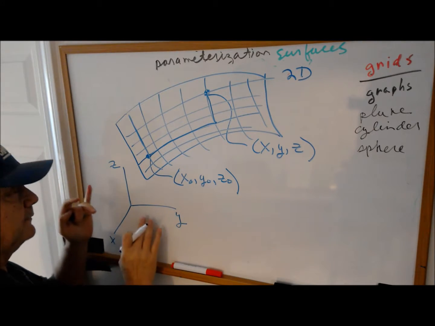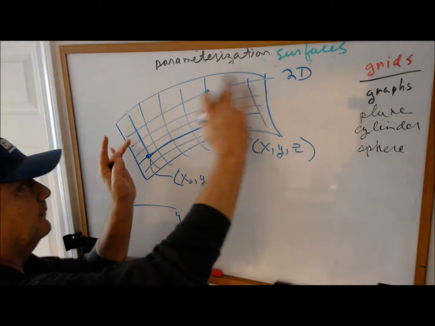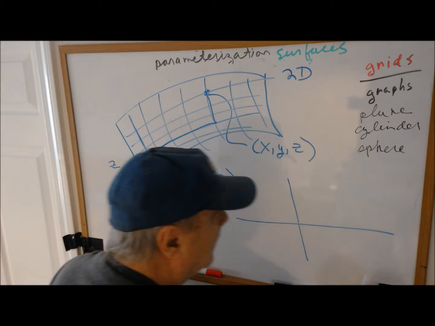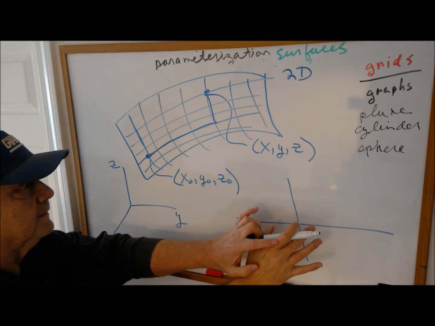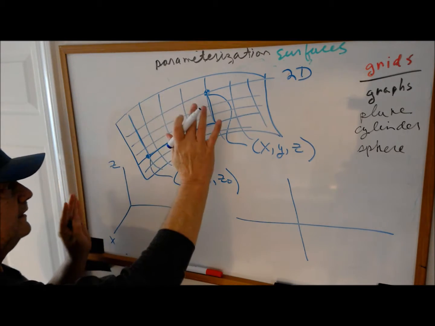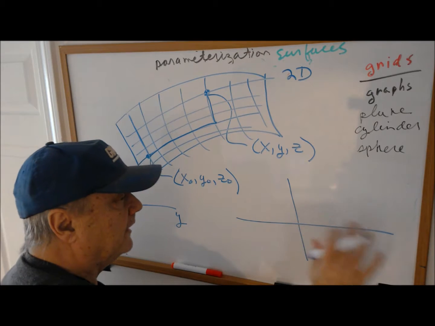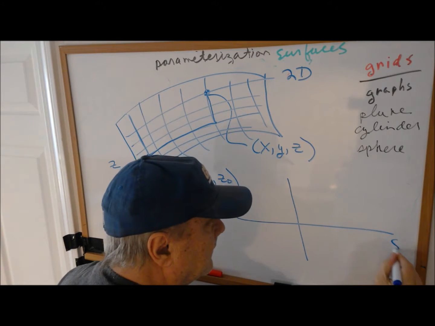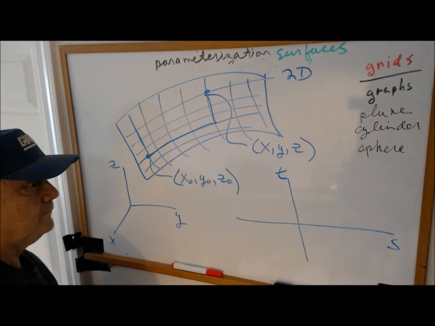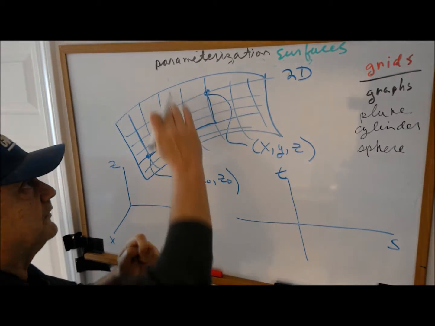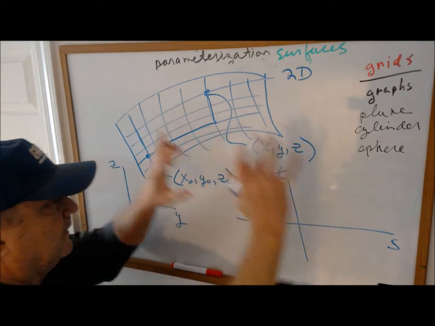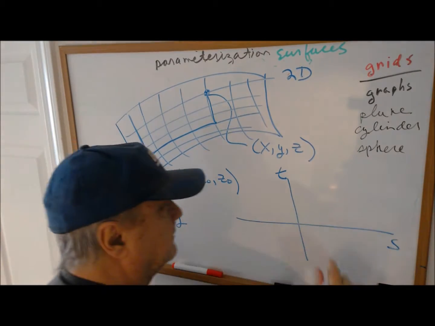And it's because of this property that we can take any surface, even if it has to live in three-dimensional space, and map this surface onto a two-dimensional plane. So we have x, y, and z here, and let's pick our parameters to be s and t, for example. So parameterization just means let's come up with the equations that map these points into this plane.